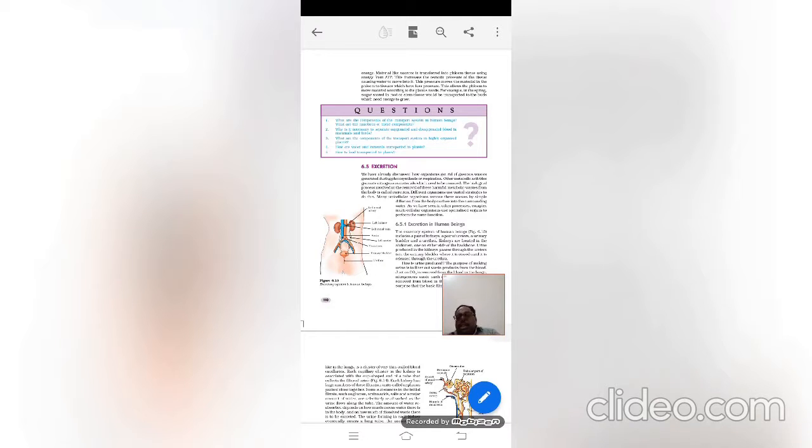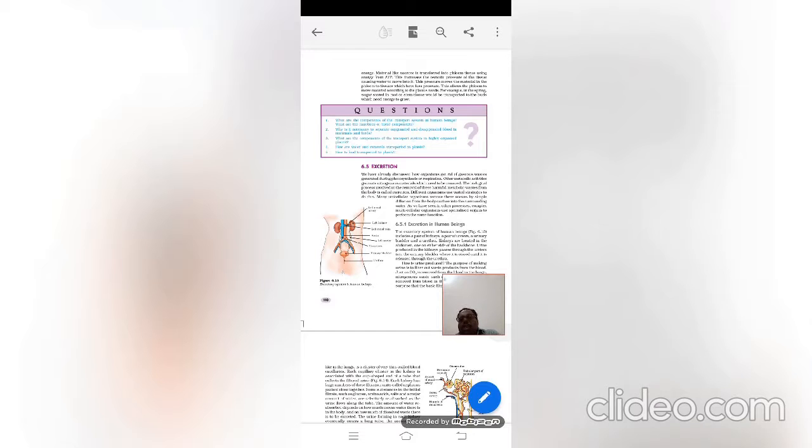The word excretion means the process by which metabolic waste is eliminated from the body of an animal. Excretion and egestion are two different processes.